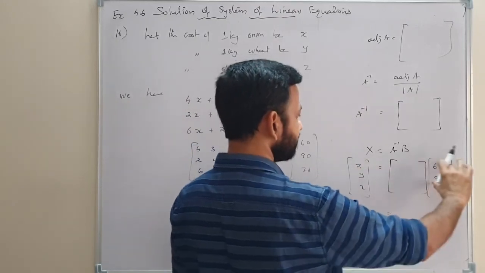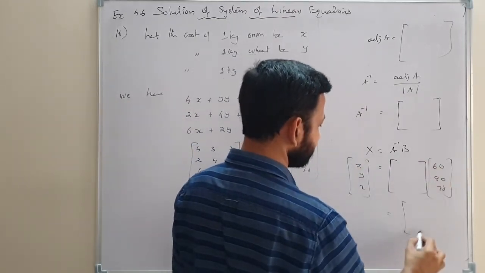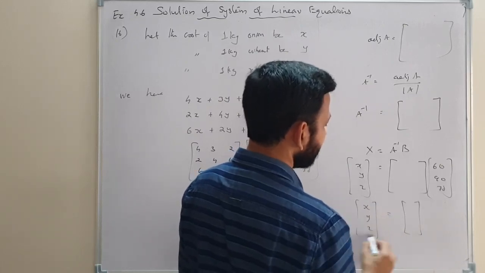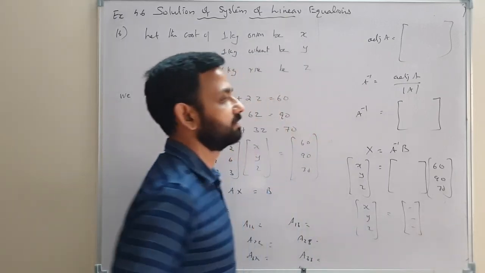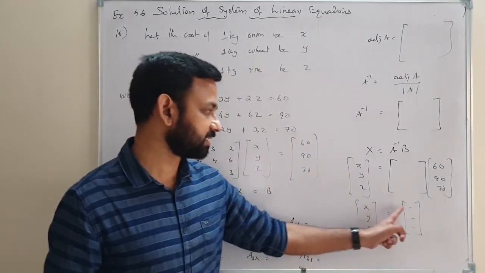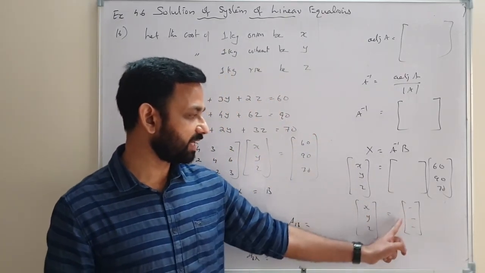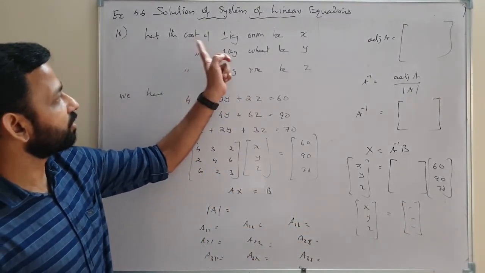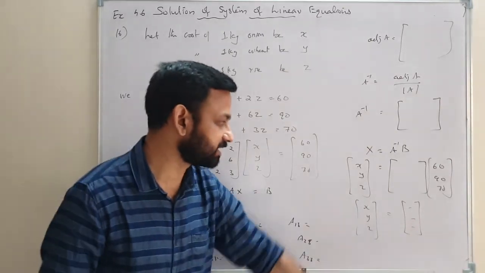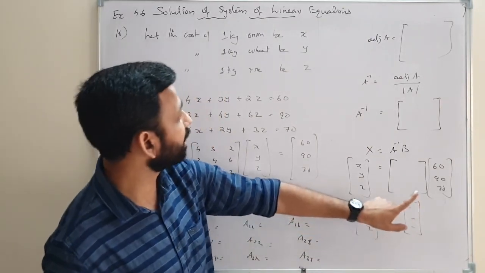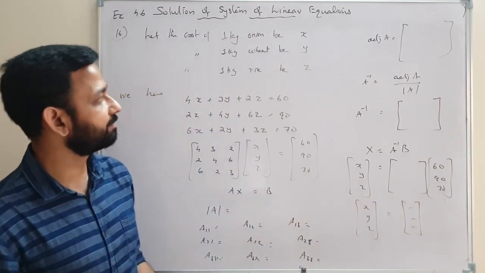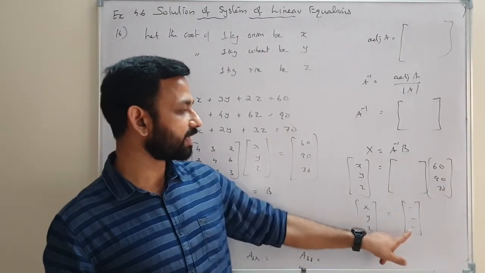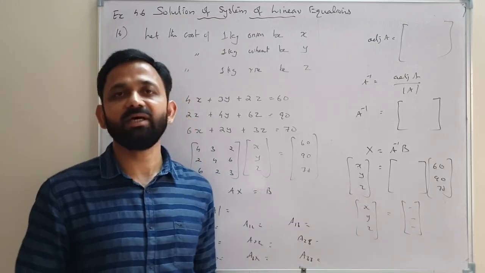When we find the product of those two matrices, we will get a column matrix, and on the left side x, y, z, and here we will get three numbers. The first number is x, the second number is y, and the third number is z. So the first number will be the cost of 1 kilogram onion, the second number will be the cost of 1 kilogram wheat, cost per kilogram, and the cost of 1 kilogram rice will be the last number.